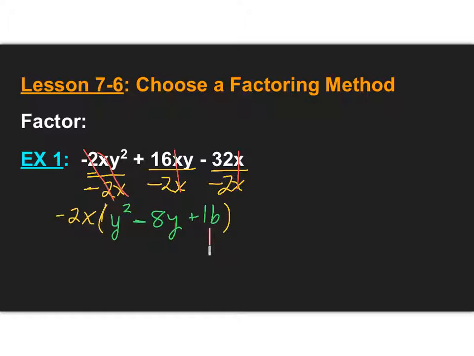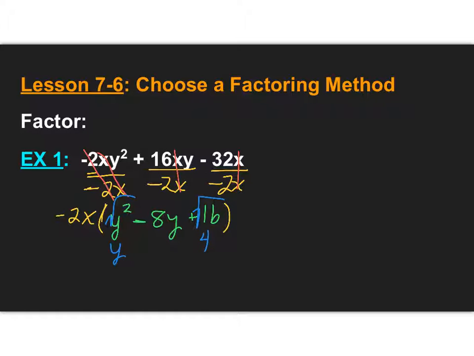We're hoping it's a perfect square trinomial because then we can use the pattern. So because I've got a perfect square here, because this is even, and 16 is a perfect square, we're going to test it. So in order to test it, the square root of y squared is y, and the square root of 16 is 4. And I want to apply my test.